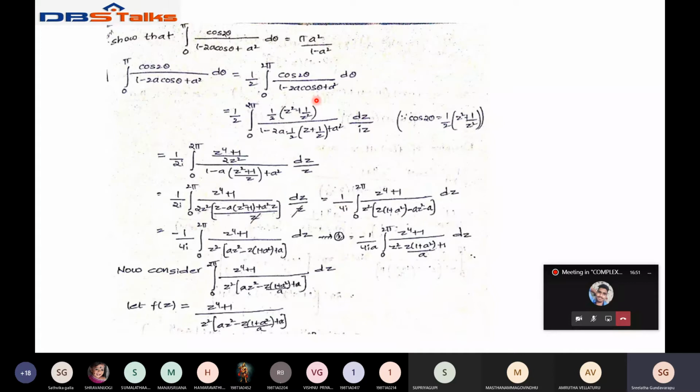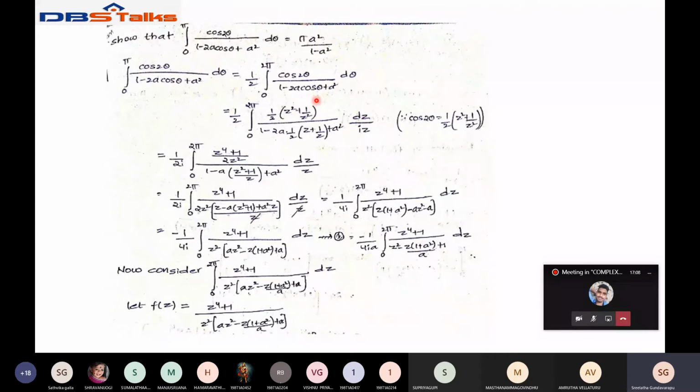So in this integration, taking minus 1 by 4i integral 0 to 2 pi z power 4 plus 1 by z square into a z square minus z into 1 plus a square plus a dz.